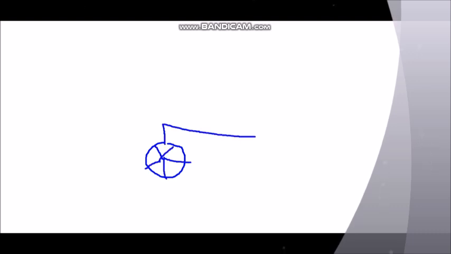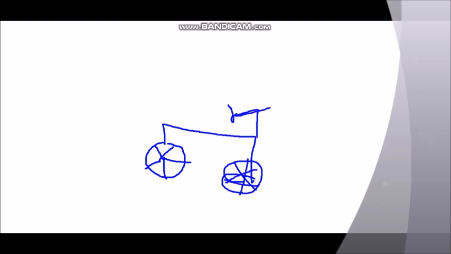Okay, Newton's first law of motion. Newton's first law of motion is basically like this. Let's say I have a bike right here. And we got Mr. Man over here.